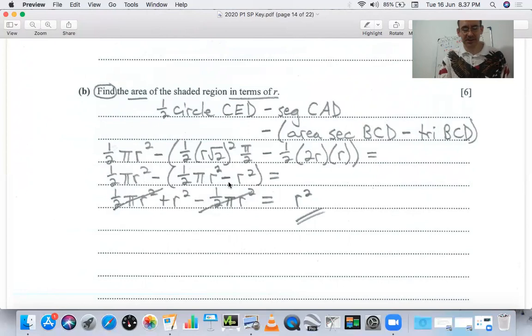I usually like the positive in the front. So minus a negative makes the r squared positive. These two are opposite signs, so they cancel out, leaving us with an answer of r squared. So our area in terms of r is just r squared.